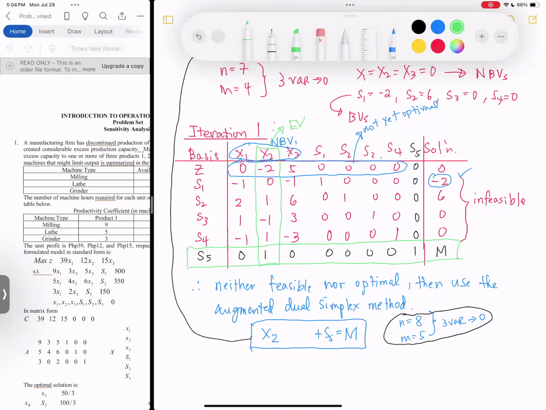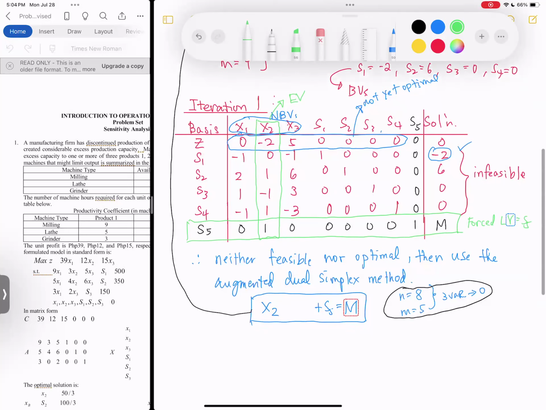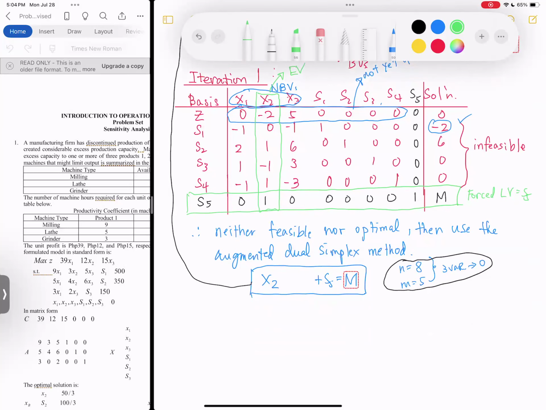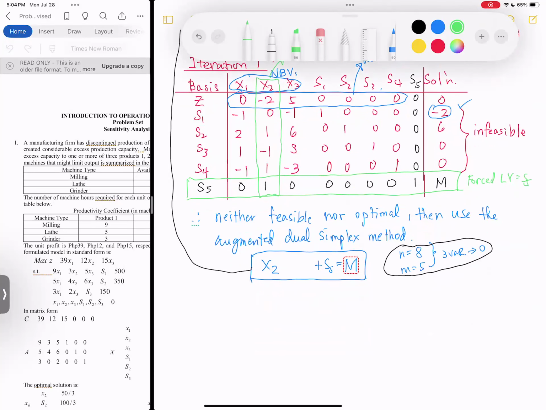So again, no need to compute for the ratios. This will be the forced LV, which is equal to S5. So with an entering and a leaving variable, you are now ready, okay? You are now ready to perform another iteration.